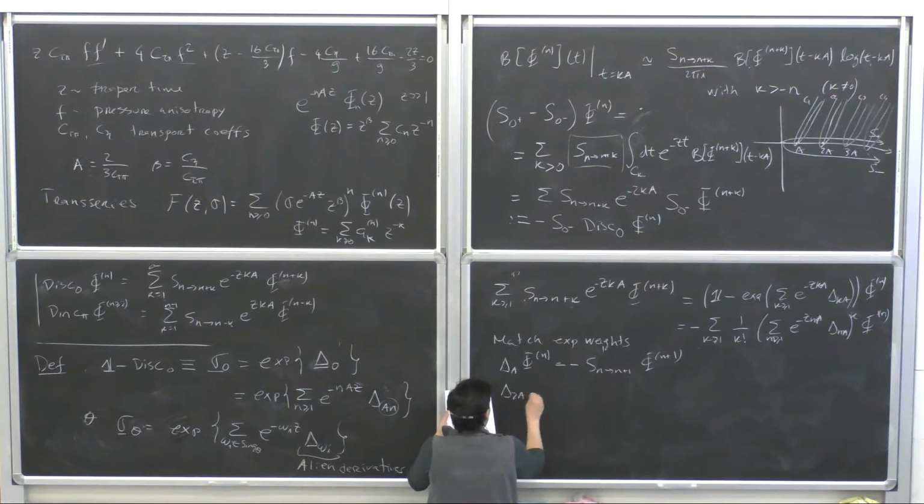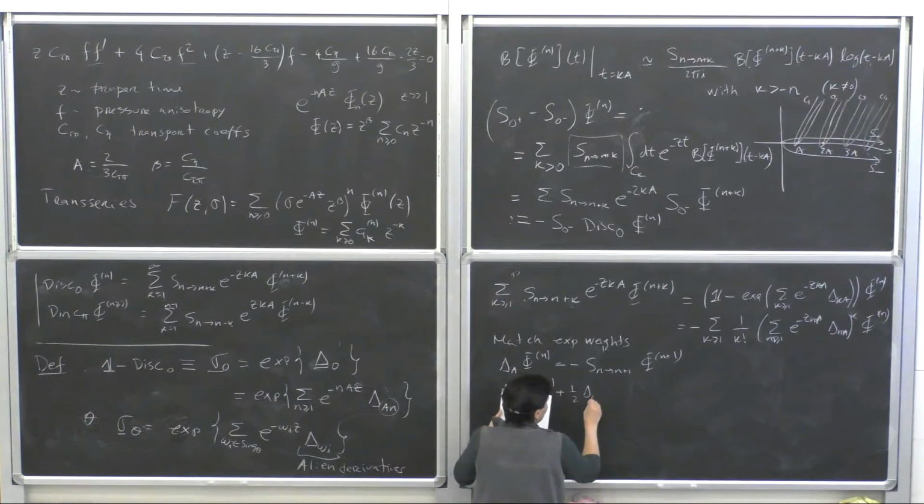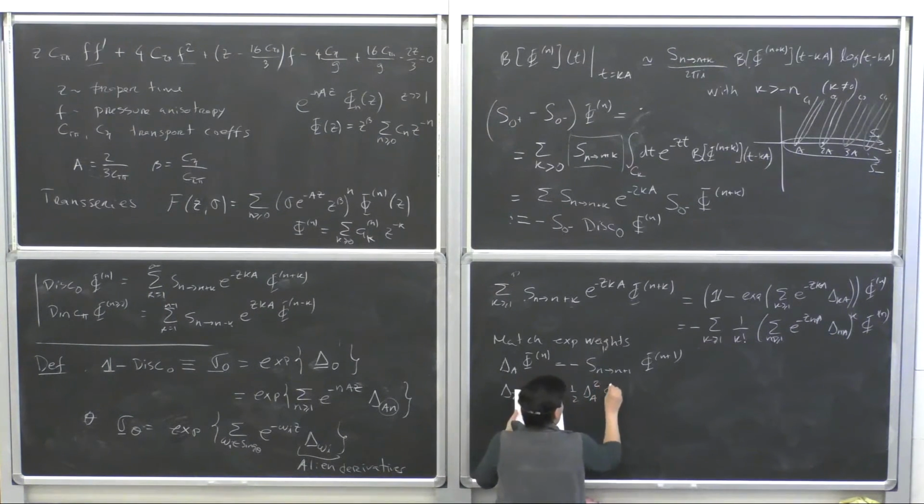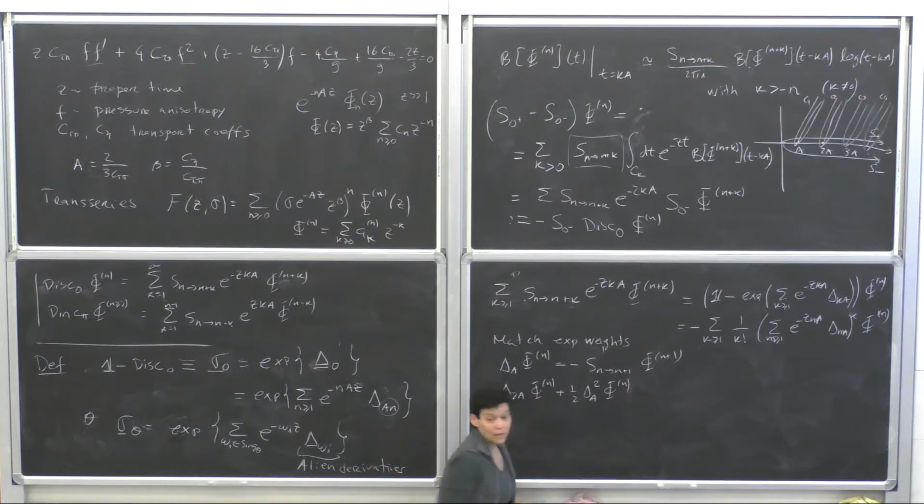Delta 2a phi n plus 1/2 delta a squared phi n. By the way, the delta a's don't commute. Delta a, delta 2a is not the same as delta 2a, delta a. So one needs to be careful about that.